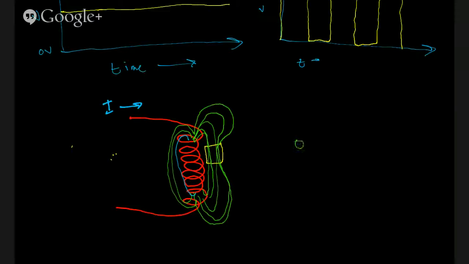And so if we had two wires parallel to each other, they would each have their own magnetic field.